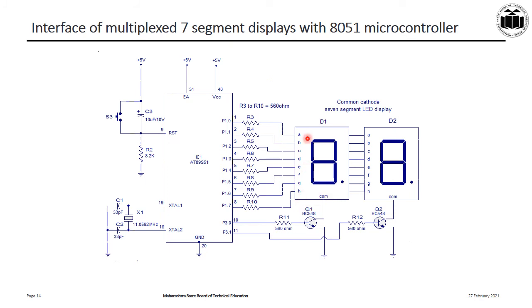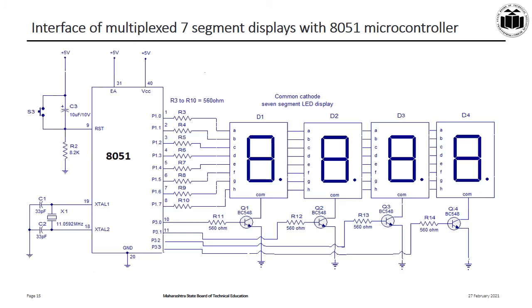A program can be written to display a digit on the first display, then shift it to the next display, and then the next display will come on D1 using a delay, and this can be repeated continuously. Here are four 7-segment displays in multiplexed mode.